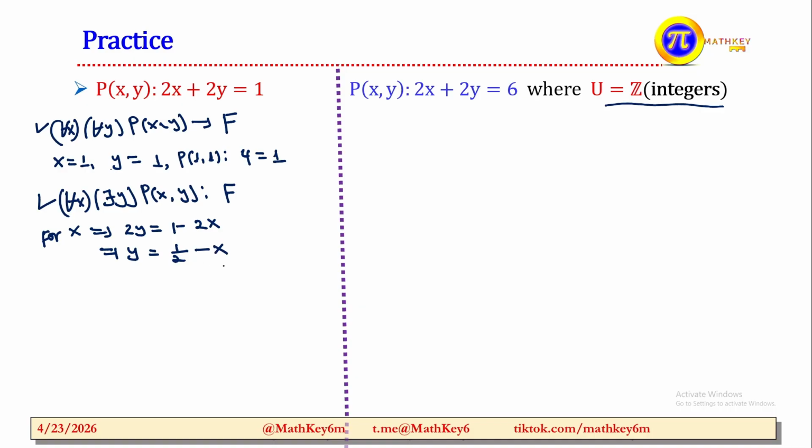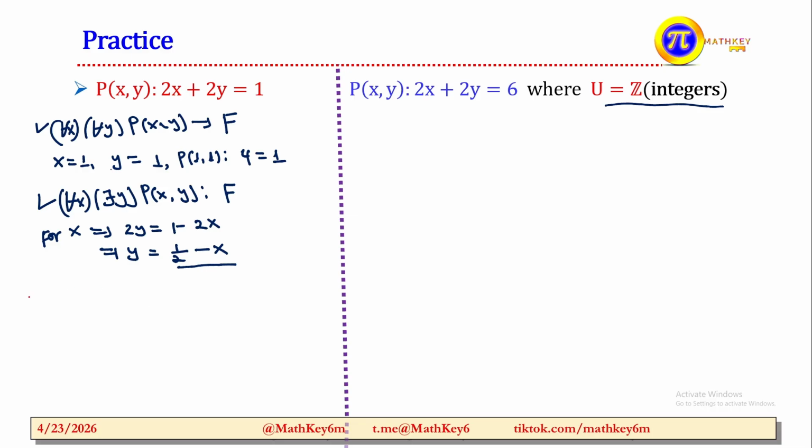So this fails. When you take any x, y cannot be an integer in these particular cases. Since for every x, y = 1/2 minus x, this shows that 1/2 is not an integer, so the difference 1/2 minus x is never an integer. Because of this, it is false.